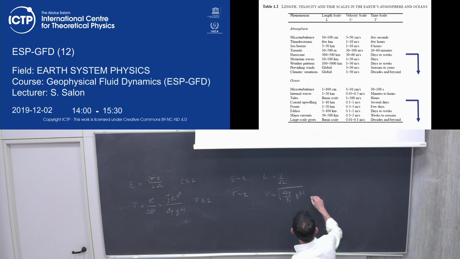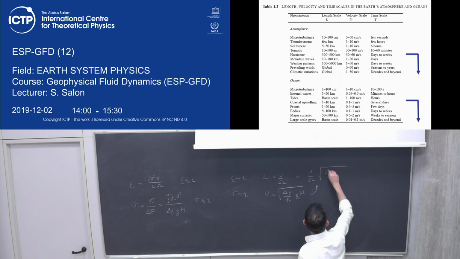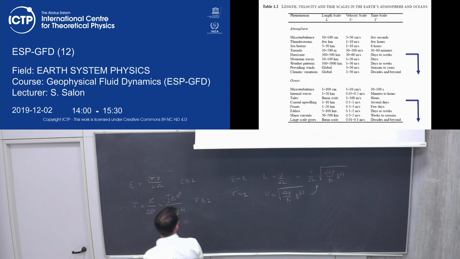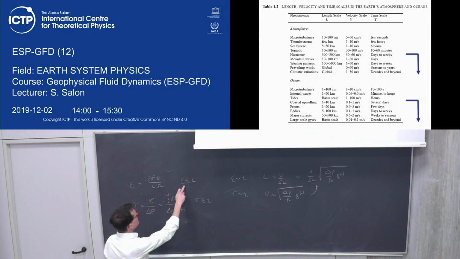So from this, we can use this value of velocity and specify this length scale. This length scale is very important because it is very simple how we found this value: we just consider the minimum length that we can have and the maximum velocity that we can have.